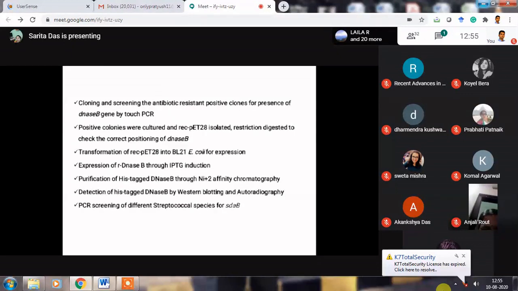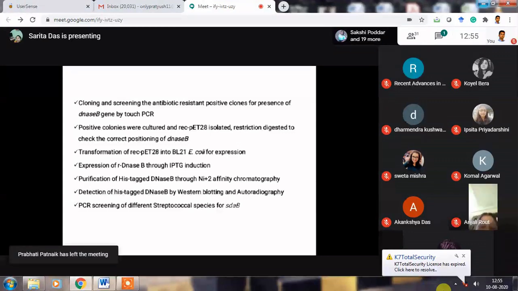Once it is put into the expression system, the BL21 E. coli is grown on a large scale and then induced with IPTG, isopropyl galactopyranoside, because the T7 promoter is there. Upon induction, it produced the recombinant DNase protein.